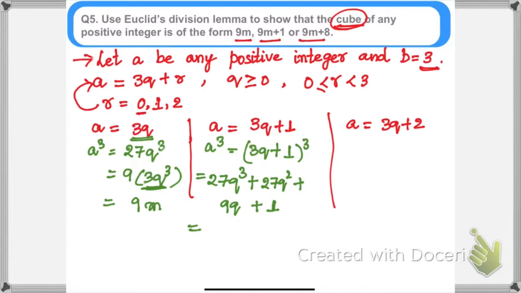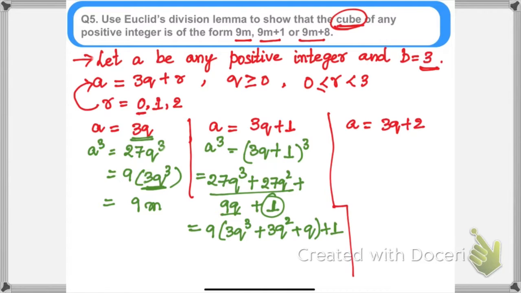Taking 9 common among these three, you will get here 3q cube plus 3q square plus q, and keeping this 1 outside itself.